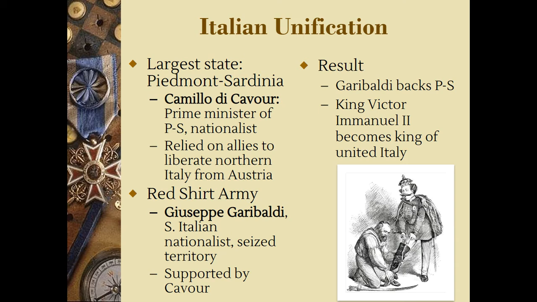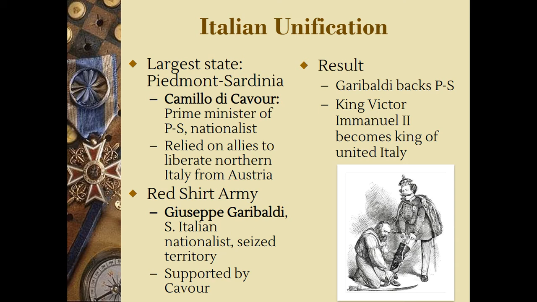So what Cavour does is he reaches out to his allies in France and he asks them for help, because the first thing that he's going to do is he wants to unite northern Italy, because that's where Piedmont, Sardinia is. So the easiest starting place is to unite areas that are around you with your territory. And so he, with the help of the French, is going to liberate other northern parts of Italy from Austria.